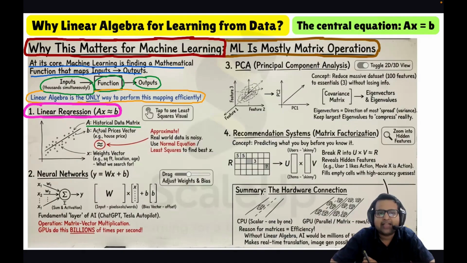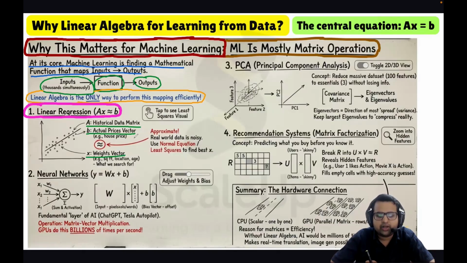Vector B is the actual prices, the ground reality, the ground truth. And vector X is the weight or importance of each feature, the weights vector.